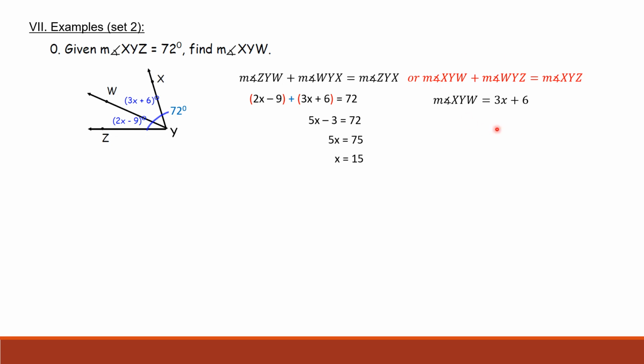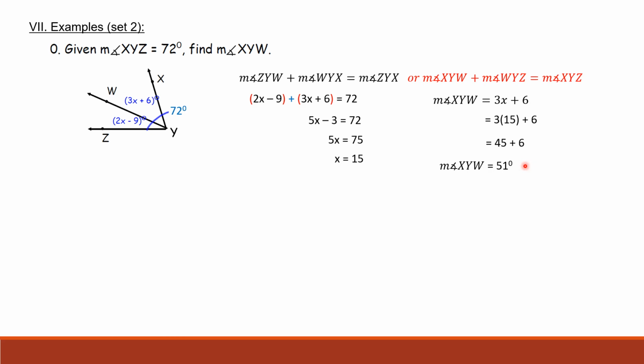So this is what we're going to substitute into. And we're going to substitute 15. And then we're going to do order of operations. So 3 times 15 is 45, plus 6. Keep bringing down the plus 6. So the measure of angle XYW equals 51 degrees, because angles are always degrees.